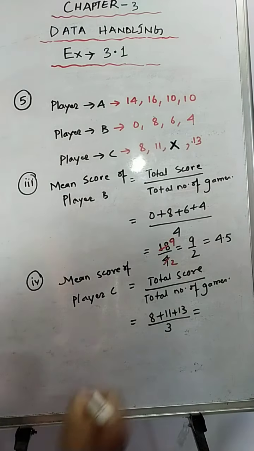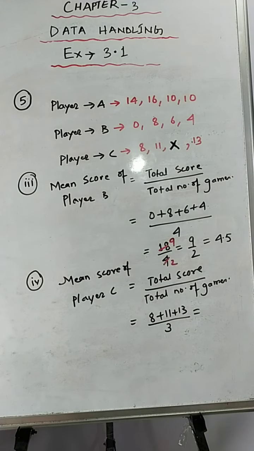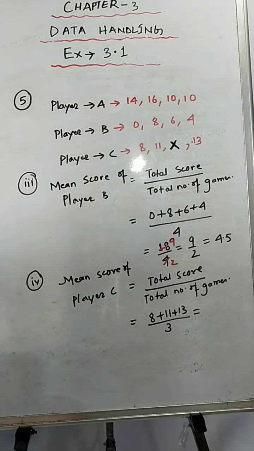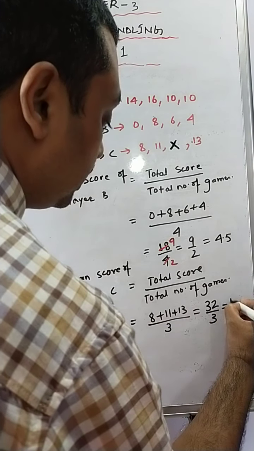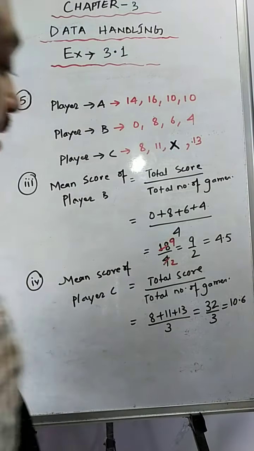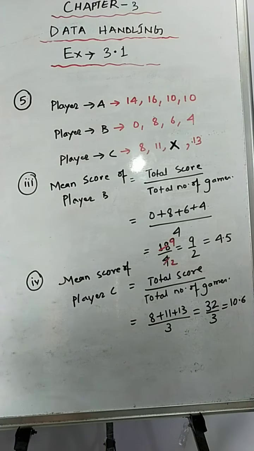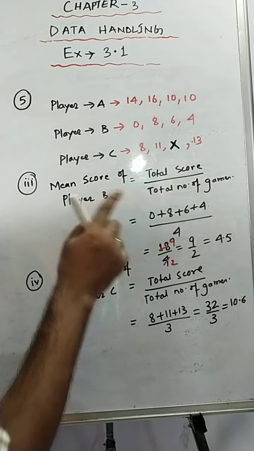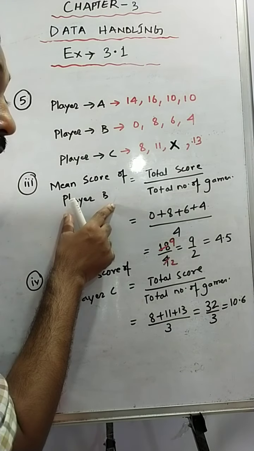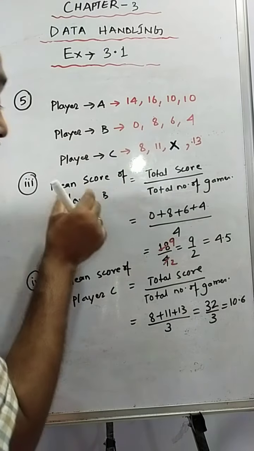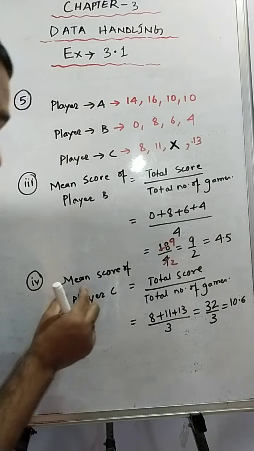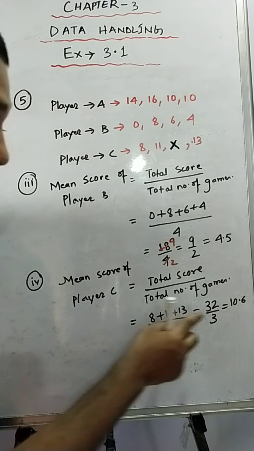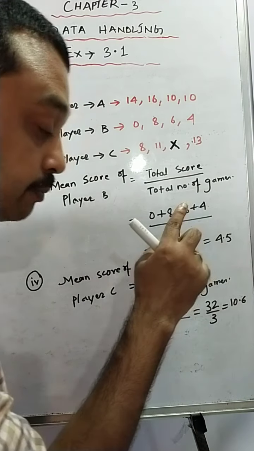If I add all those numbers, I will get 32 by 3, and if you divide this, you will get the answer as 10.6. Now you can easily make the judgment. The mean score of player A was 12.5, player B is 4.5, and player C is 10.6.